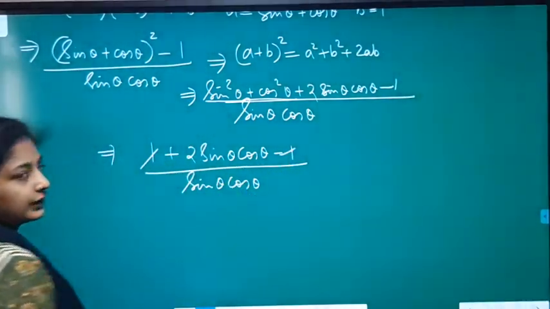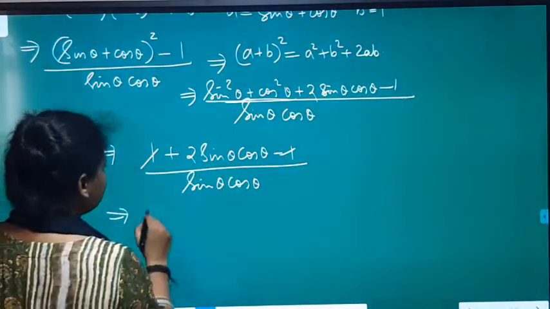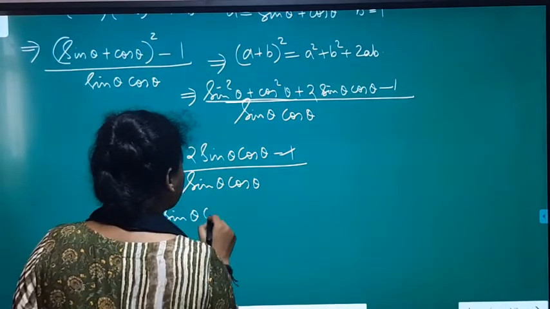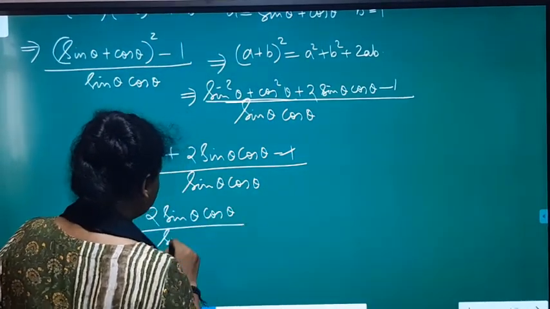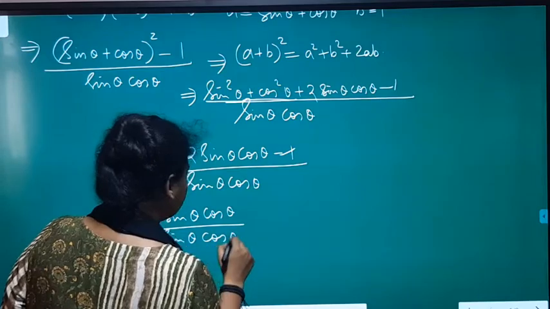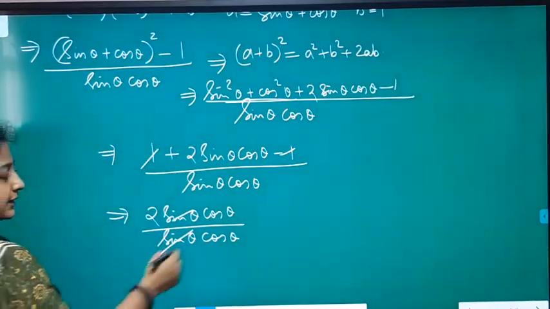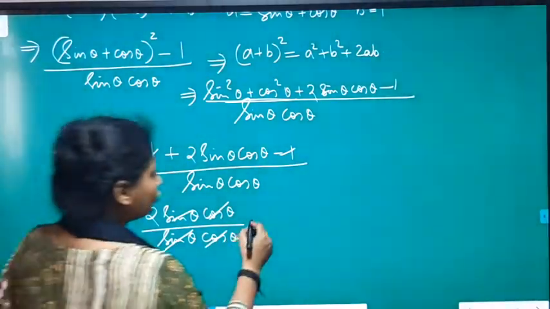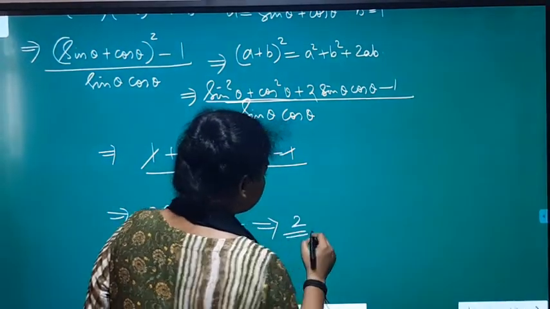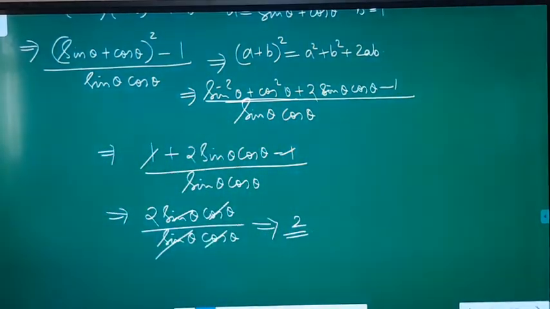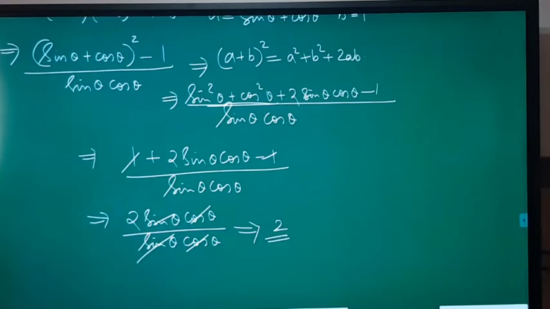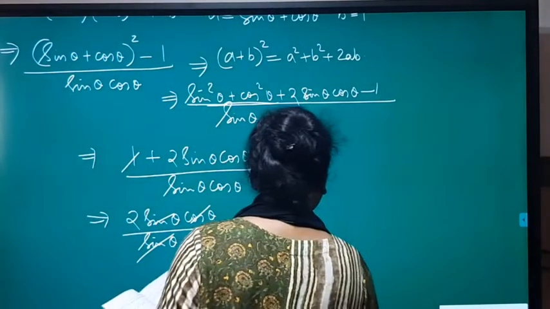Plus 1 and minus 1 get cancelled out and we are left with 2 sin theta cos theta upon sin theta cos theta. Sin theta to sin theta cancels out, cos theta to cos theta cancels out, and we are left with the answer 2. This is option number C.